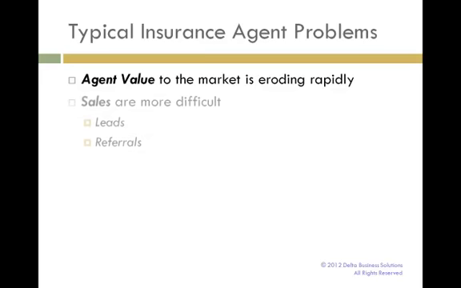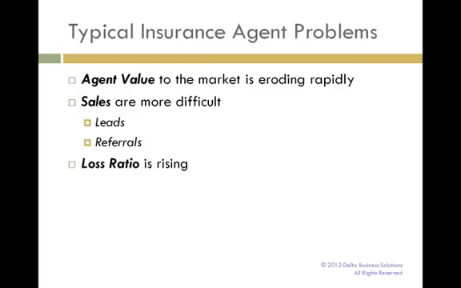Another area is sales. Increased competition, insane advertising budgets, and focus on low price makes it more difficult than ever to make sales in the insurance business. Of course, getting good leads and referrals from current clients are also being adversely affected. Loss ratio.